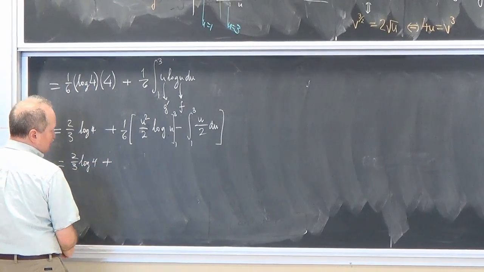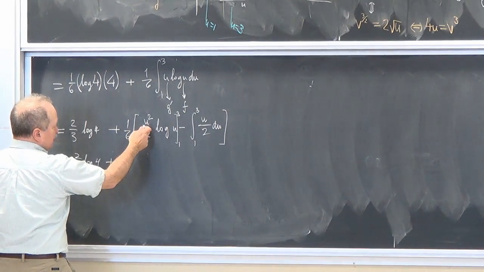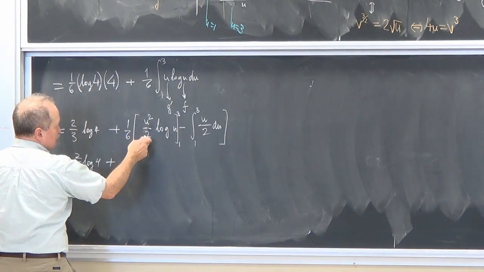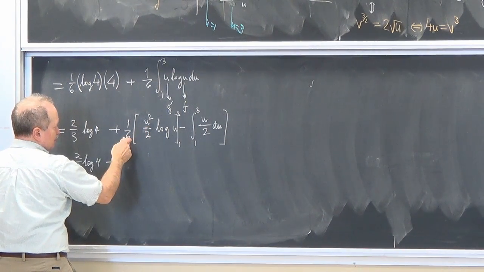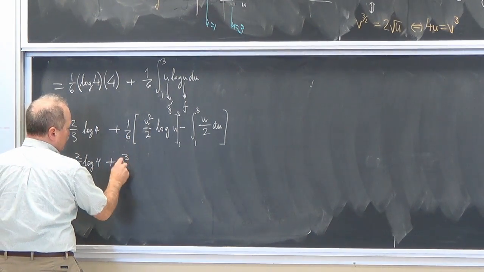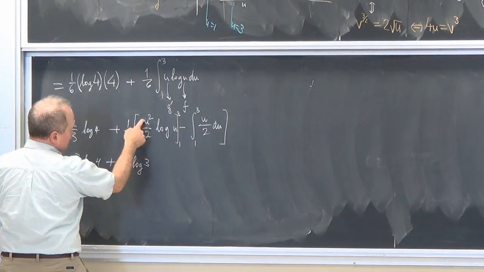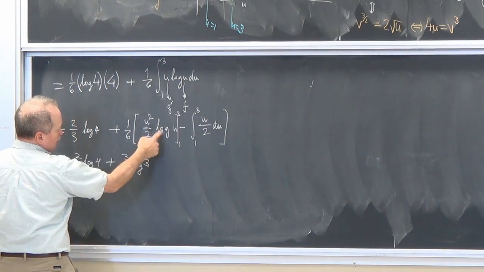Okay, but I just want you to believe we can actually finish the problem here. 9 over 6 is 3 over 2, so I have 3/4 log 3 minus, what happens when I plug in 1? That's 0.